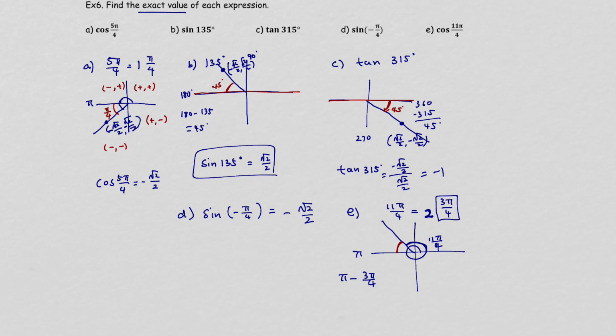So then this gives you 4 pi over 4 minus 3 pi over 4, which is pi over 4. So this is pi over 4. That gives you the point value negative square root of 2 over 2 and square root of 2 over 2. And we're looking for the cosine of it. So that will be negative square root of 2 over 2 because it's your x value.